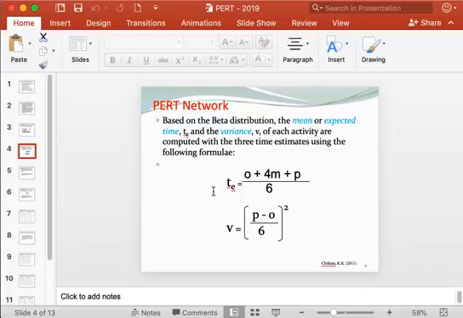So using these two formulas, you have to calculate the expected time estimate t e for all the activities and the variance for all the activities.